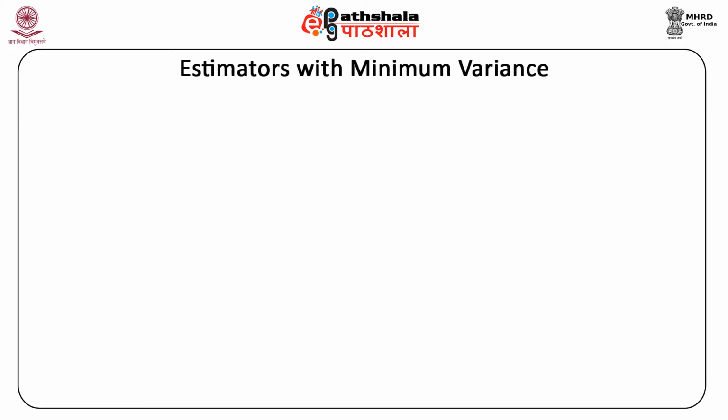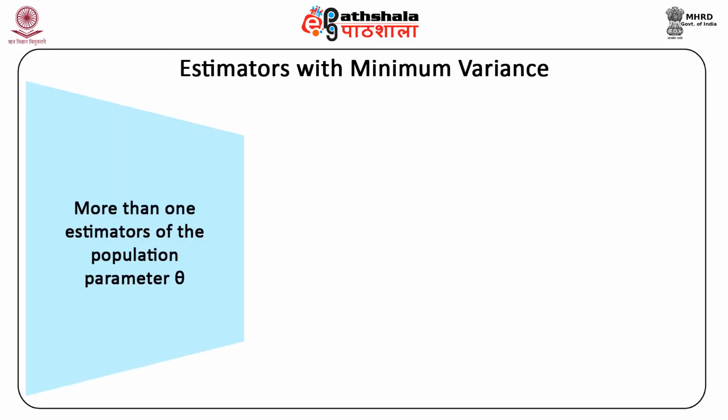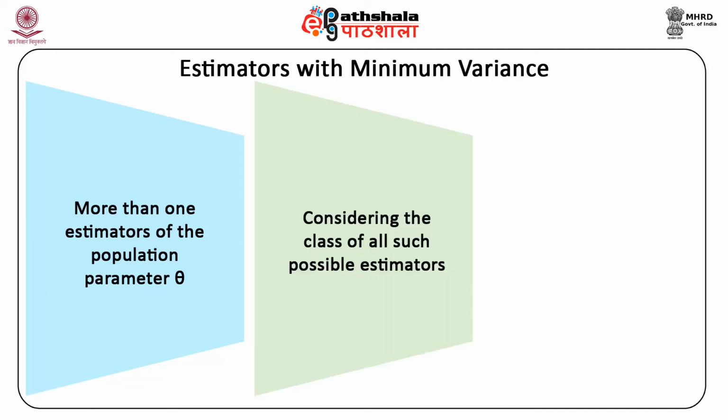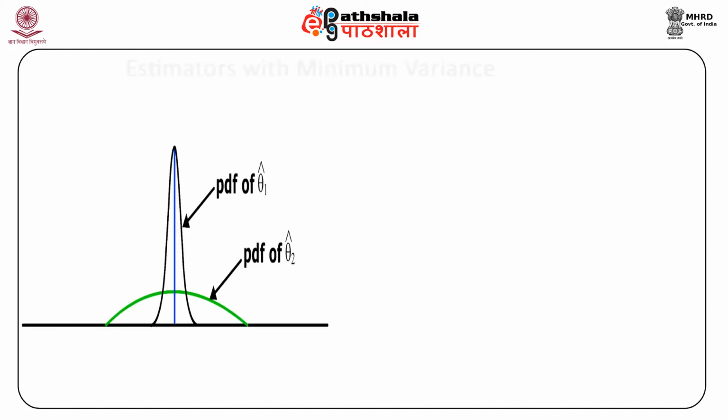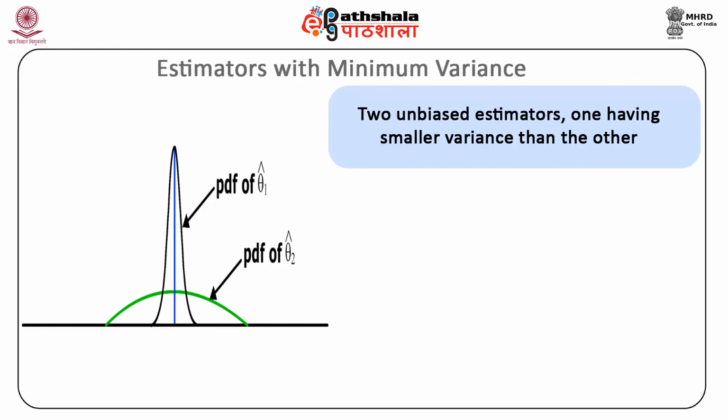In other words, if we have more than one estimator of the population parameter theta, then, considering the class of such possible estimators, we can choose the one whose sampling variance is minimum. The graph represents the probability distribution function of two unbiased estimators, one having smaller variance than the other.